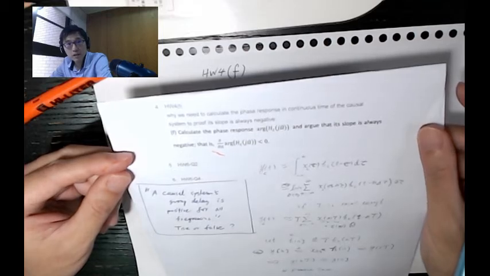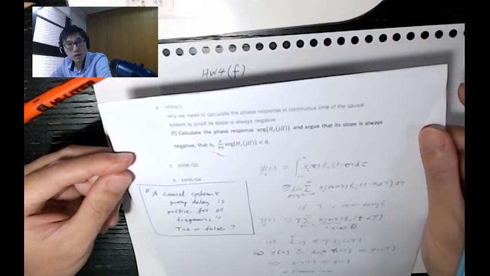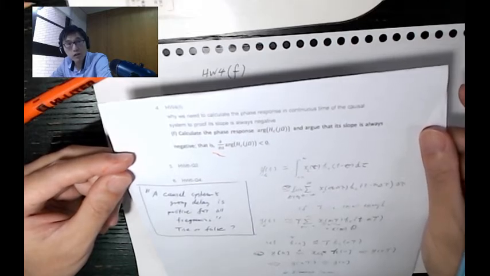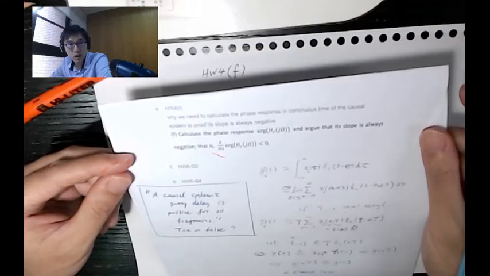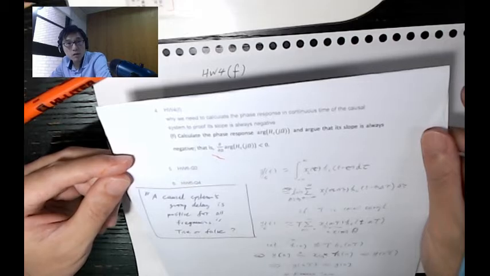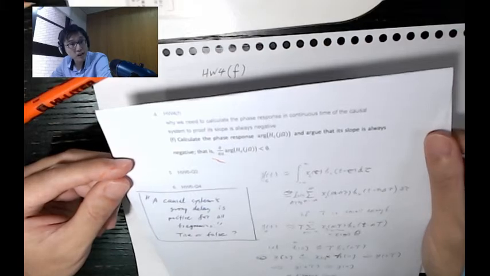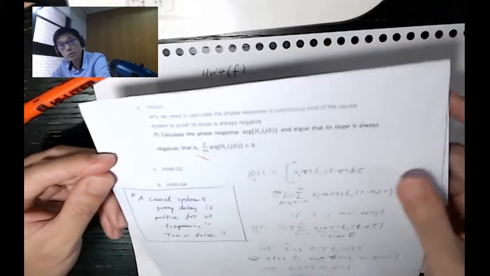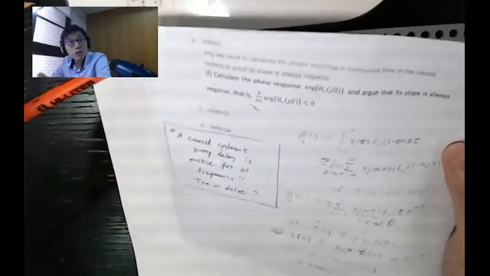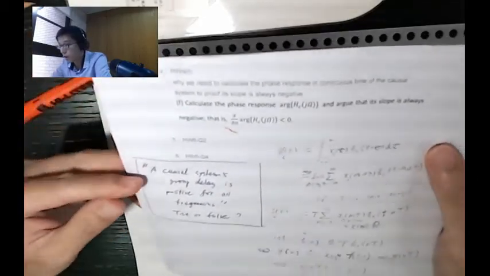By now, I hope you know the implication of a phase response slope being negative is that its group delay is always positive. The next question might be, why is this a big deal? Group delay being positive, isn't it always the case? Actually, another of you raised a very good question.